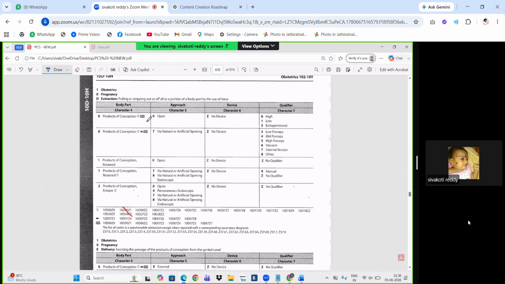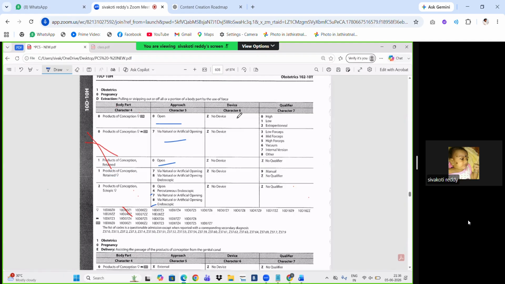Now check what approach they are using. Via natural or artificial opening means vaginal. Open means they will cut the abdomen area. Percutaneous endoscopic, laparoscopy. Then this is the scope, vaginal scopy, hysteroscope something.